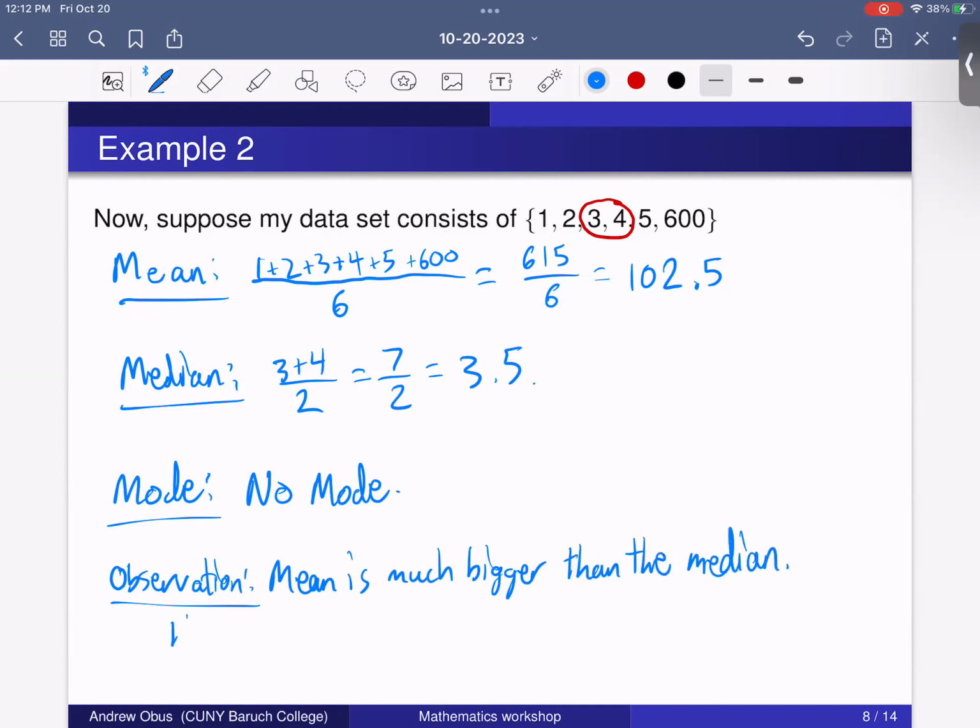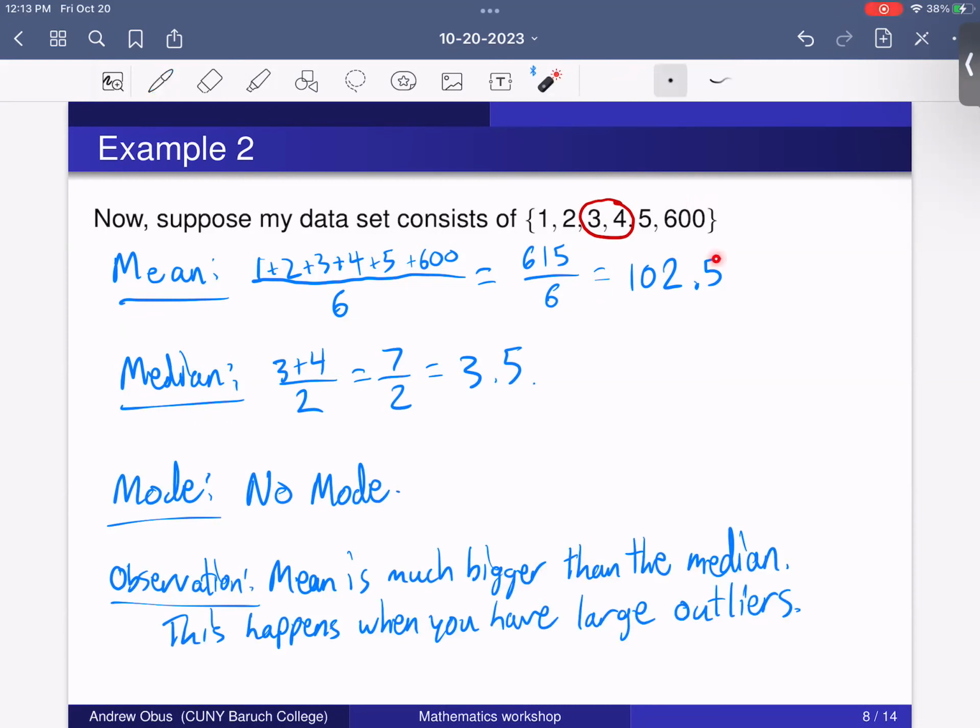The mean is much bigger than the median, and this happens when you have large, what are called outliers. If you have a few entries that are much, much larger than all of the other entries, that's going to change the mean a lot because it goes into the average, but it won't affect the median at all.